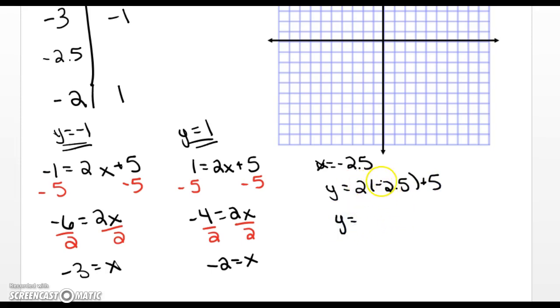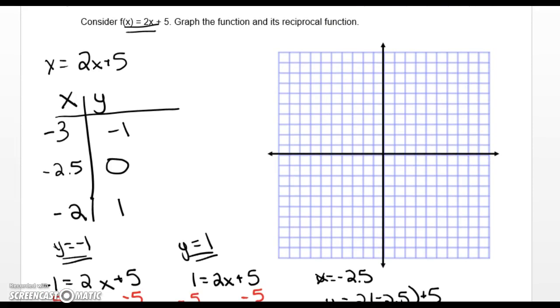So 2 times -2.5 will give me -5 plus 5. And so here I would get y is equal to 0. I try and have at least 3 points in my graph just to make sure I haven't made any errors in doing any of my work here. So if I have 3 points on my graph that create a straight line, then there's a good chance I haven't made any errors in my work.